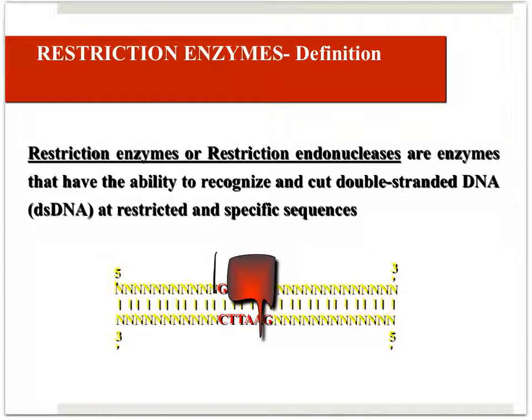Here is an example. I wish I had my PowerPoint. I had a more animated version of how they cut, but here is an example, CTTAAG, for one of the enzymes many of us commonly use, EcoR1. It recognizes 6 base pairs.